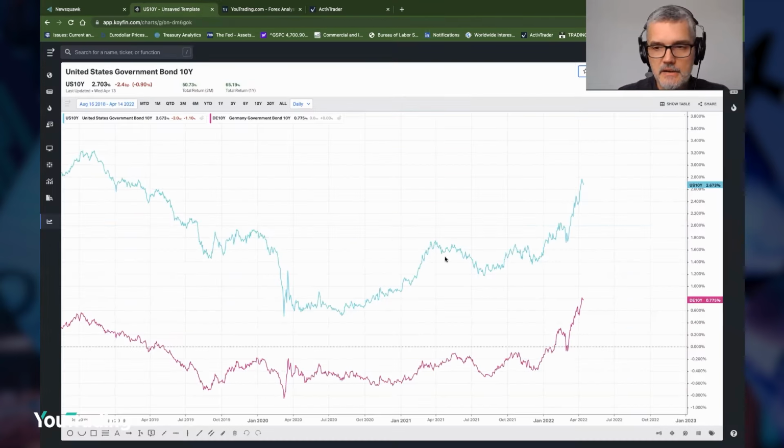Going to the 10-year bunds and benchmark US yields, we can see here that for a few years, the bund yields were below zero, as the ECB reduced their rates below zero. Then in January 2022, a big move up above zero, came back down to test that zero line.